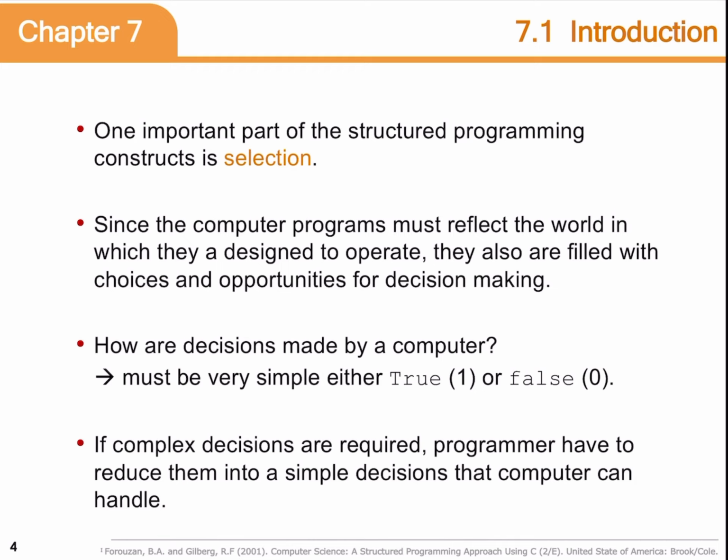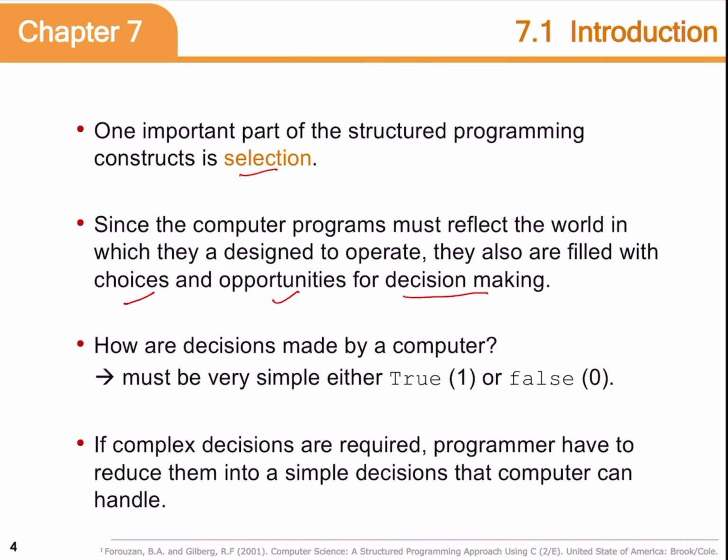So one important part of the structured programming constructs is selection. Now, since the computer programs must reflect the world in which they are designed to operate, they are also filled with choices and opportunities for decision making. Now, how are decisions made by a computer?